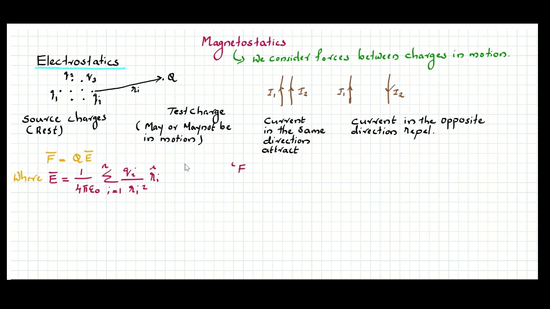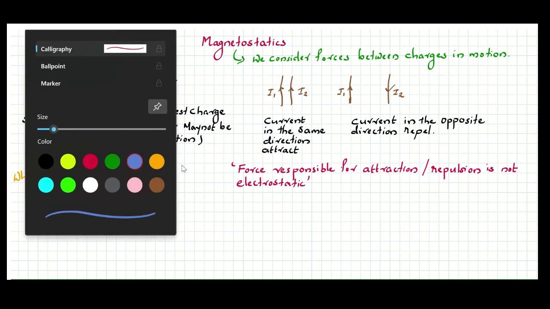Why does this happen? Why is there attraction and repulsion, depending upon the direction of the current in two parallel current carrying conductors? The force responsible for attraction or repulsion between the conductors is not electrostatic in nature, because the electrostatic force exists between charges which are at rest.